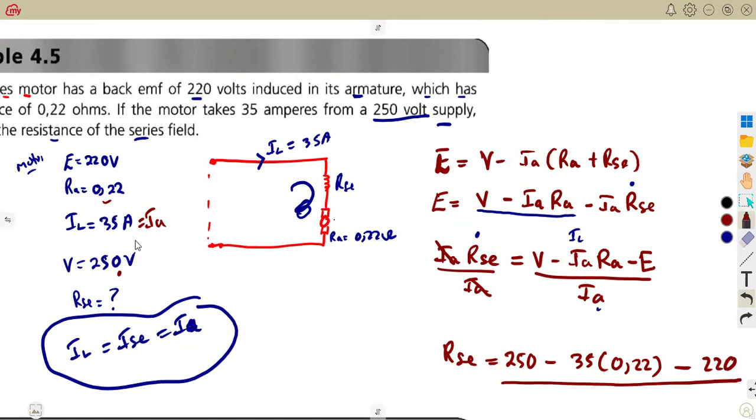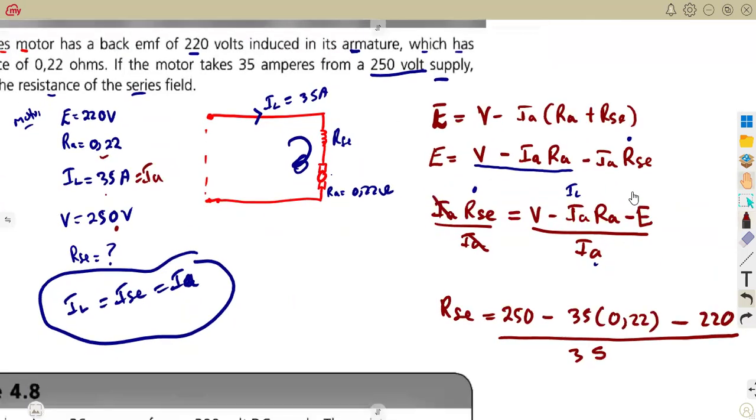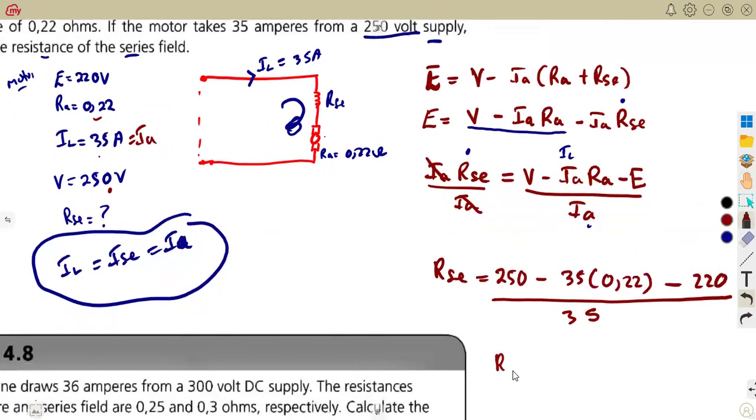Armature current, which is your load current as we used it before, which is 35 amps. That was going to give us the resistance of the series field. And this resistance was going to be 0.637 ohms. We have the resistance.